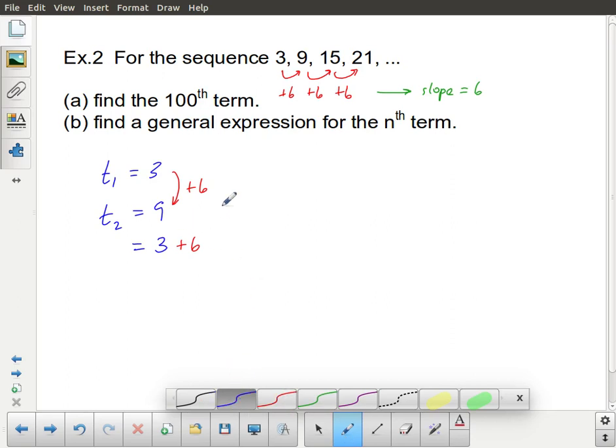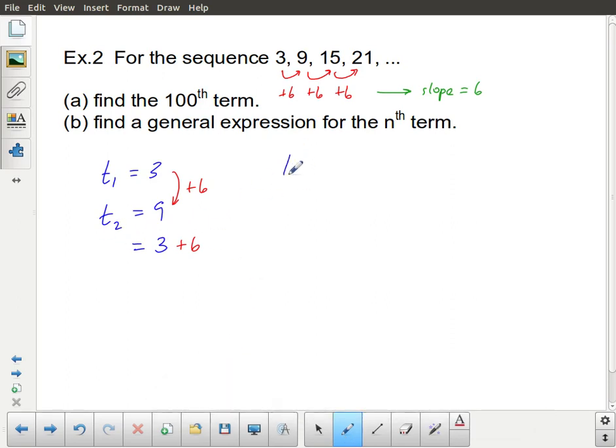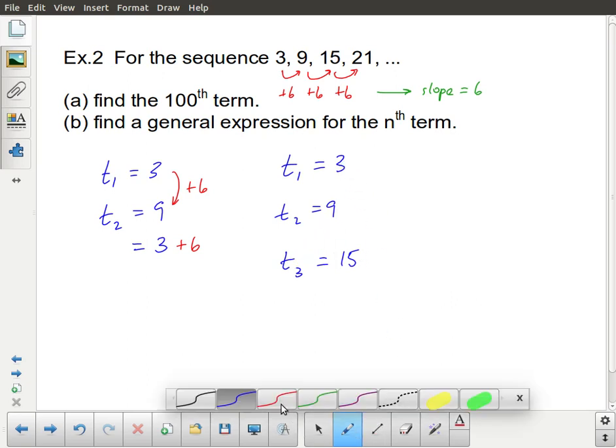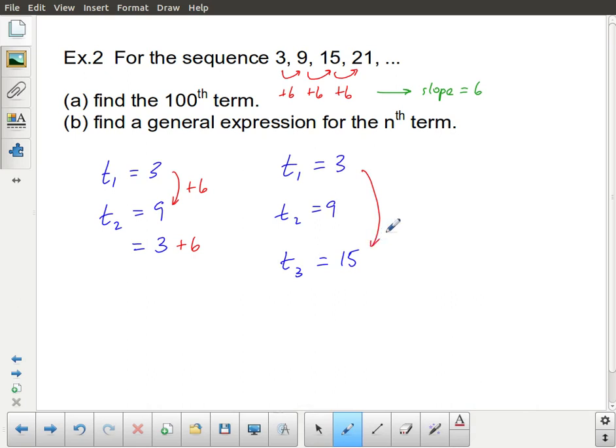Okay, how about going from t1, which is 3, and then we know that t2 is equal to 9, and t3 is equal to 15. So how did I go from t1 to t3? Well, if I added 6 here and I added 6 here, then in order to go from t1 to t3 directly, I had to add 2 times 6.